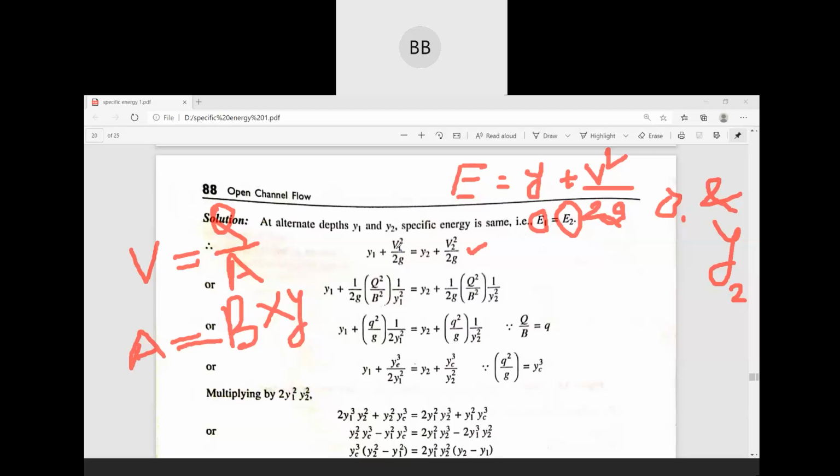We are replacing the velocity by q by a, and as the velocity is squared, you will have q square divided by a square. So in both cases you replace velocity by q by area.